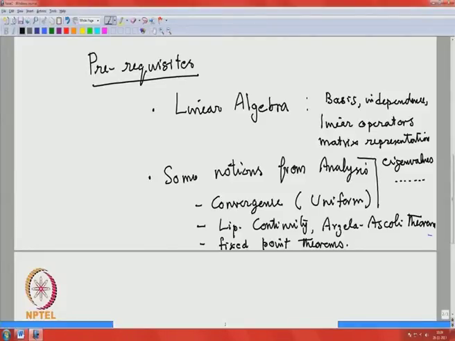So, this is what the prerequisites we expect from this course to fully understand. But to make this course self-sustained, we will be spending a few hours, probably 5 to 6 hours, in recalling these notions, so that those who are not fully comfortable with these things get to know what they exactly want to learn.